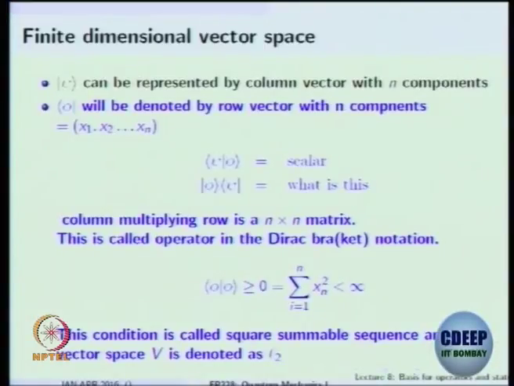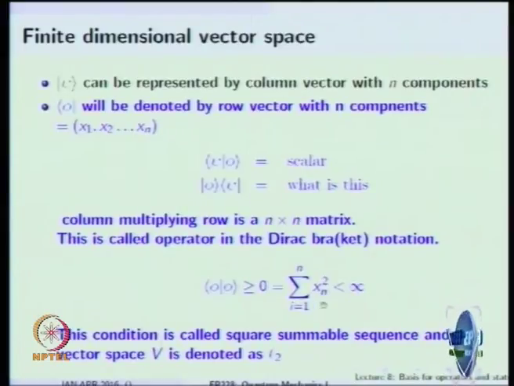I said that those wave functions are all square integrable wave functions, right? I said this a week or 2 weeks ago. Similarly, this condition on a vector space is supposed to be that the sequence is a square summable sequence.